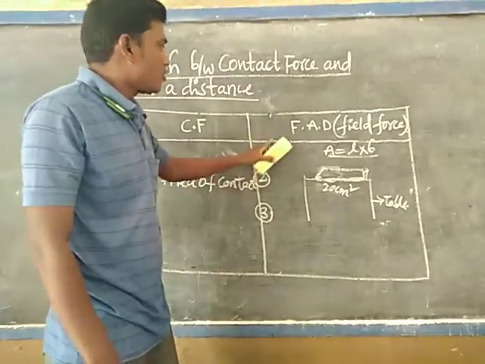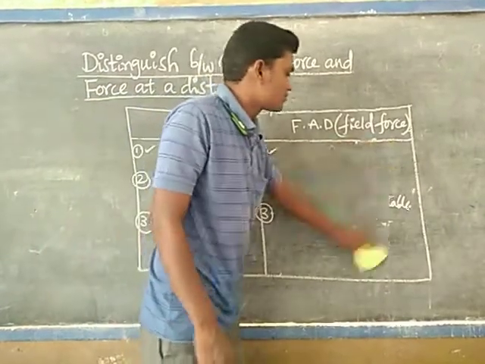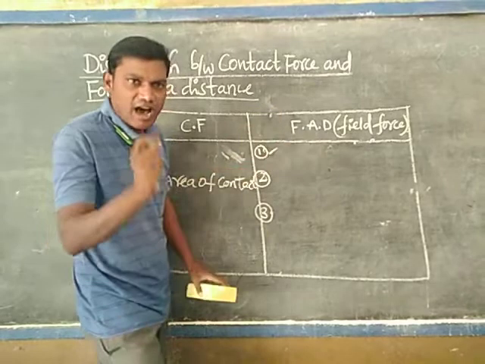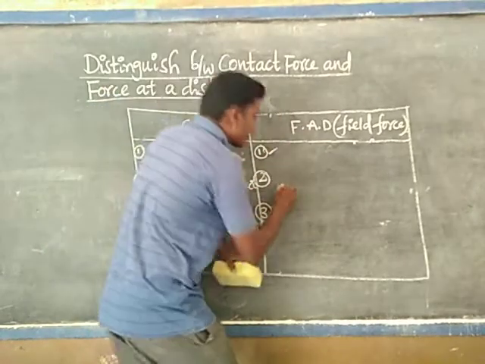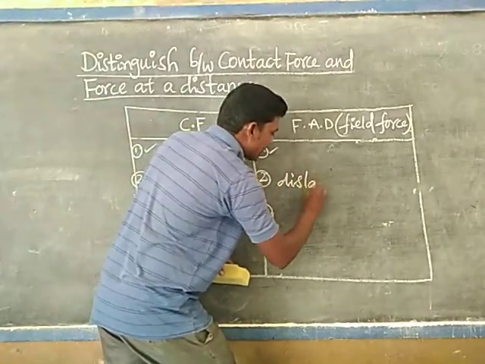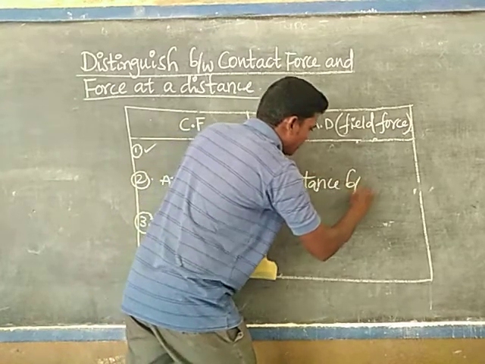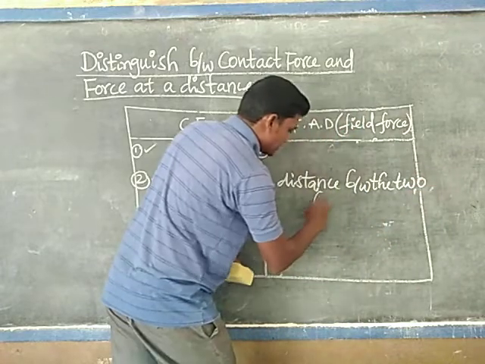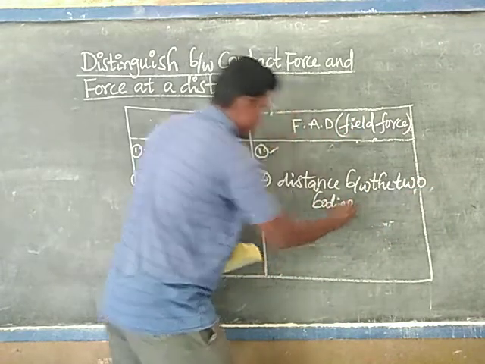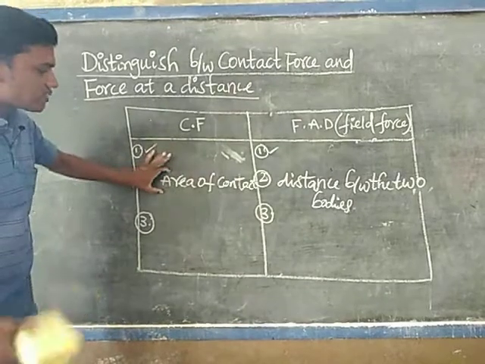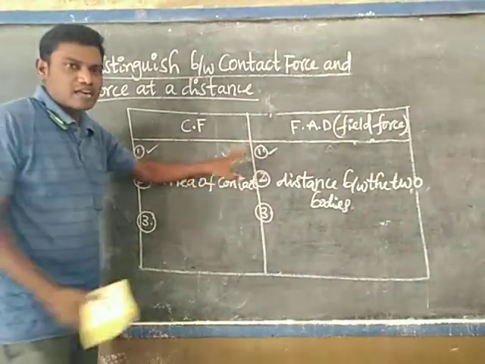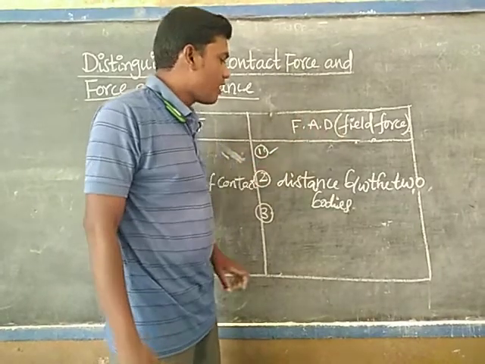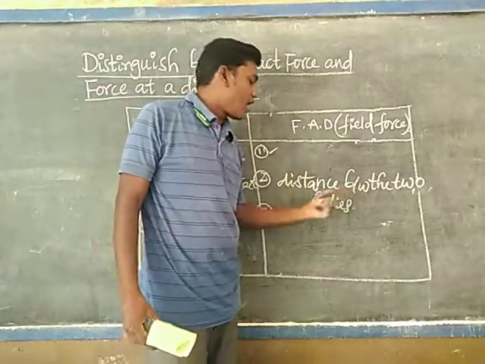Next one, force at a distance. Force at a distance, or field force, depends on the distance between the two bodies. Listen very carefully. Contact force depends on the area of contact between the two bodies. Force at a distance depends on the distance between the two bodies.